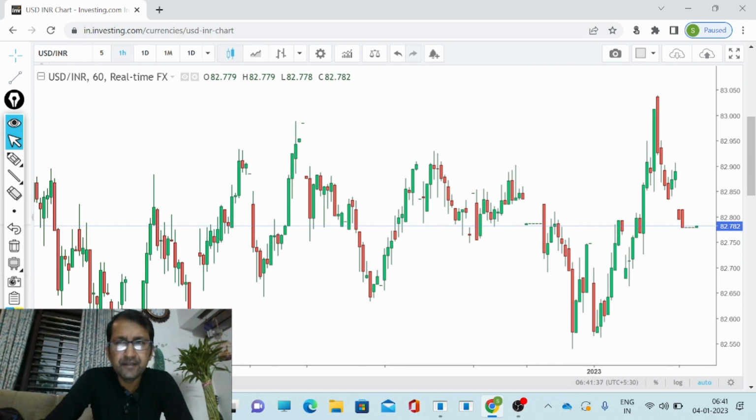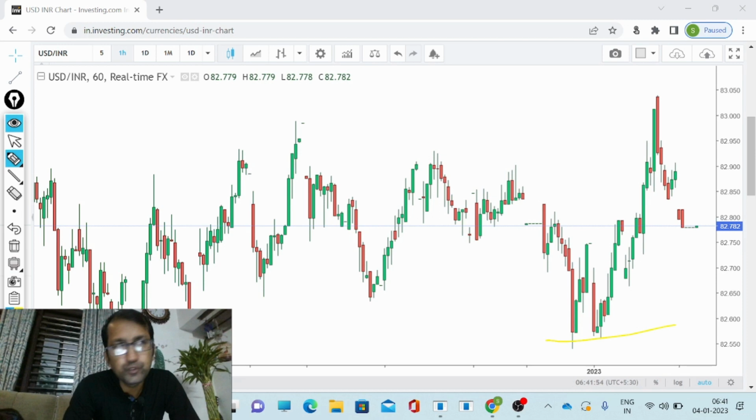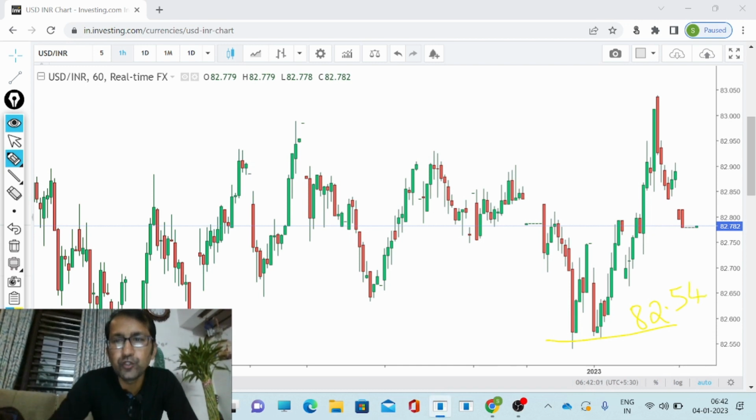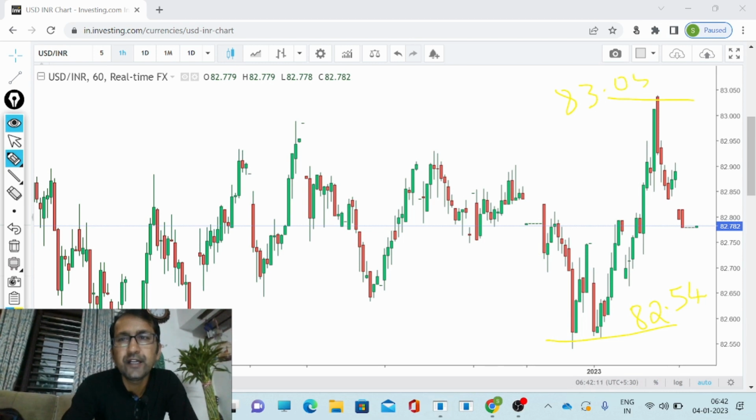Firstly, INR has traded in a very small range in the past 1 week. If I mark it there, you can see 82.54 on the lower side, and on the upside it is almost touching 83.05.